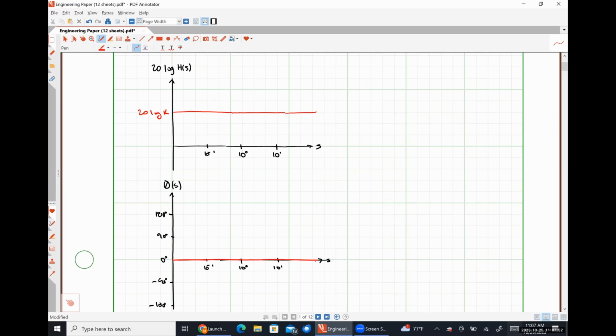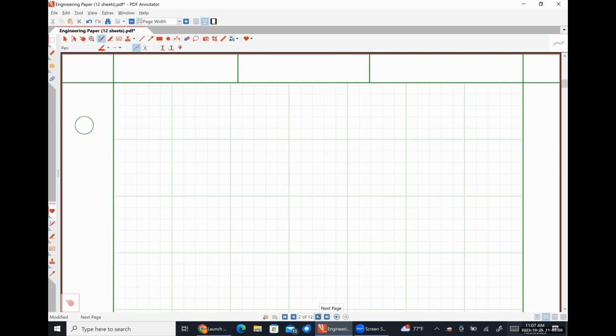Okay. So now let's look at a system that has a pole at the origin.